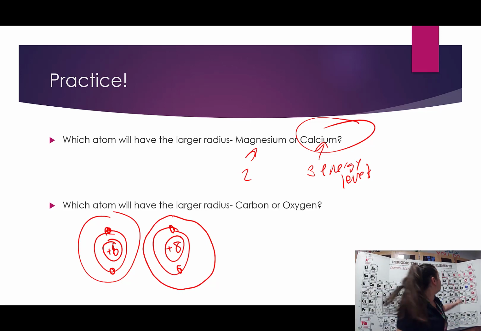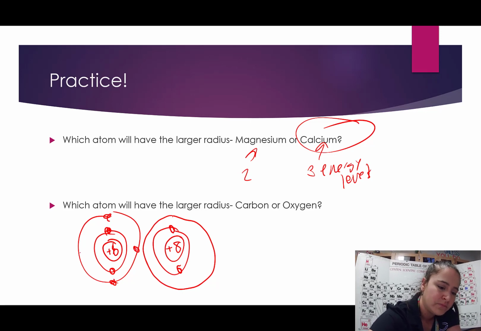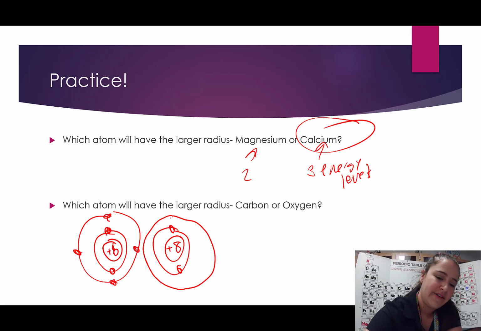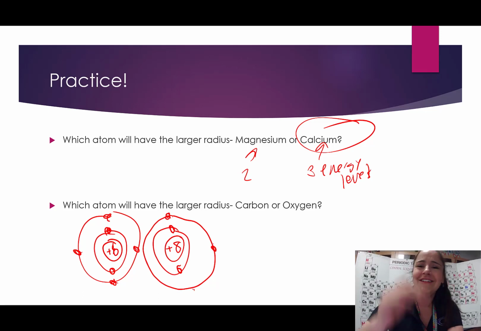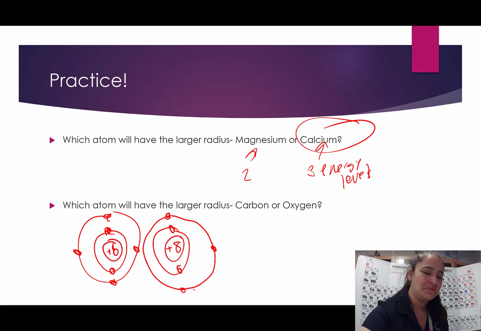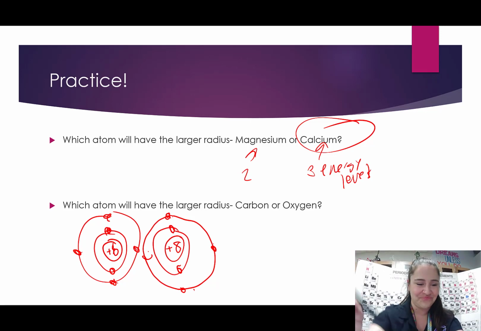And then carbon has 6 total electrons, so 4 valence electrons in its outermost shell. And oxygen is in group 16, so it has 6 valence electrons in its outer shell, 8 total electrons.